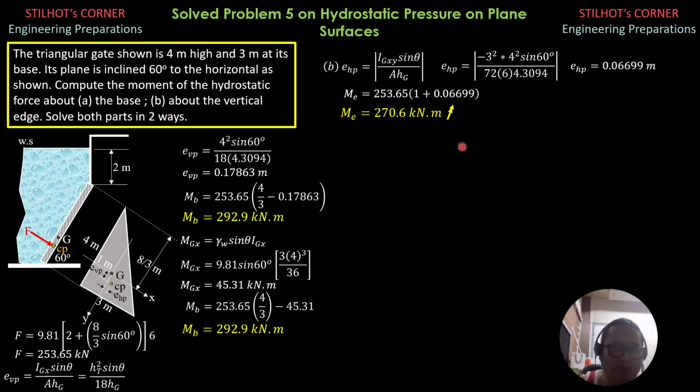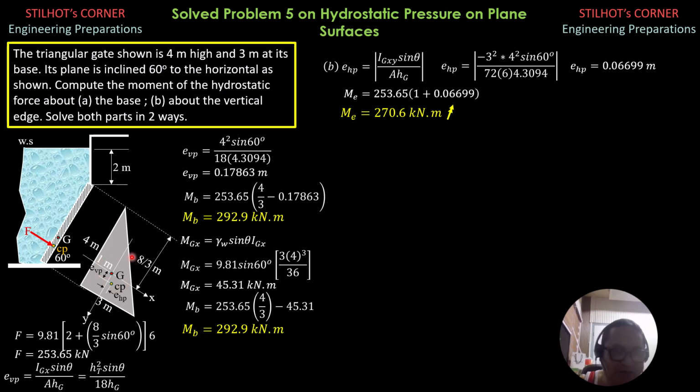Now if we compute M sub GY, it is expected to be negative because the force lies here, and if you apply the right thumb rule, your right thumb will be pointing in that direction. The force is acting here, pushing the plate.